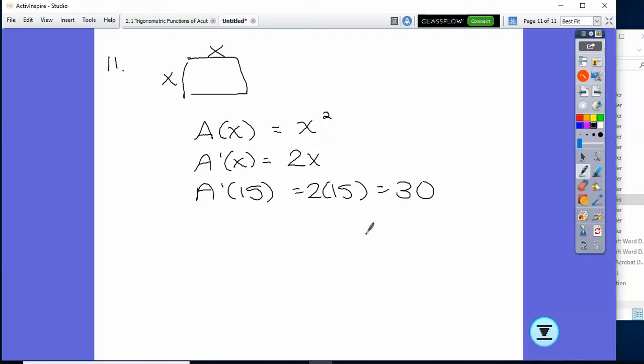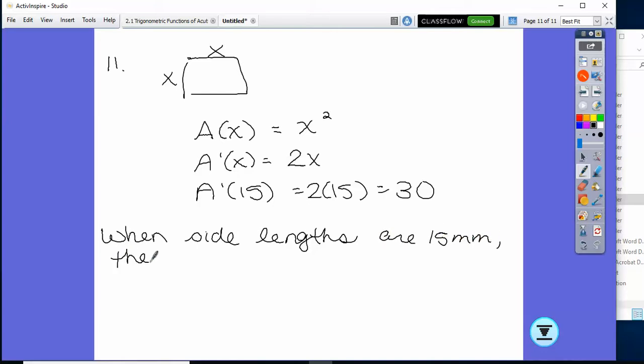Explain its meaning. Remember, a derivative tells you how it's changing. So when the side lengths are 15, we were in millimeters, the area, is it increasing or decreasing? Increasing because it's positive, by 30 square millimeters. And that's all that one was wanting us to do.